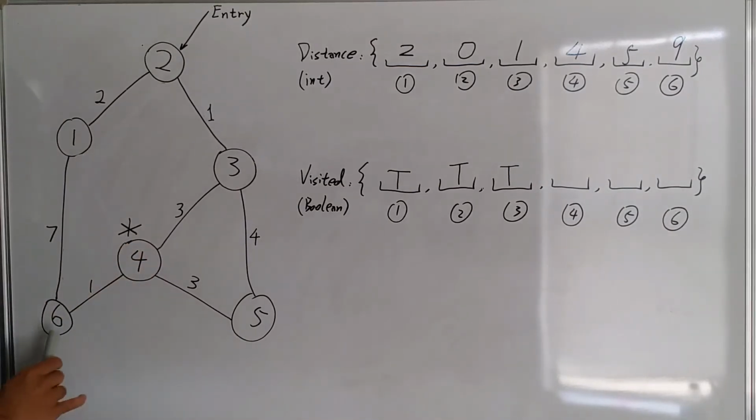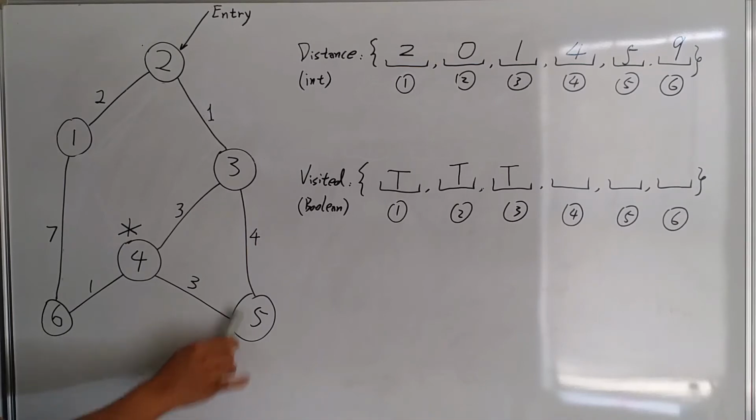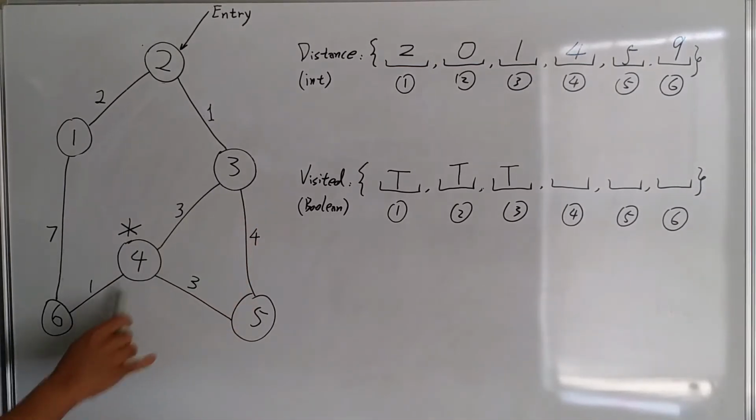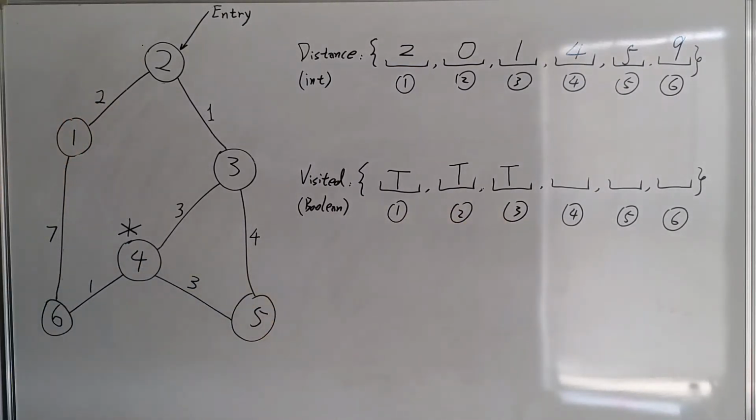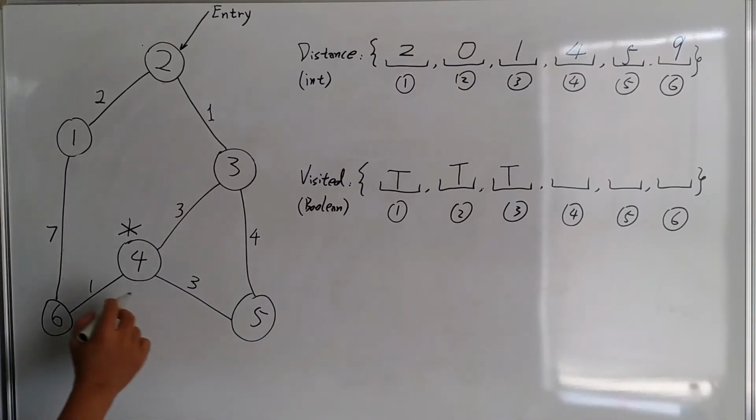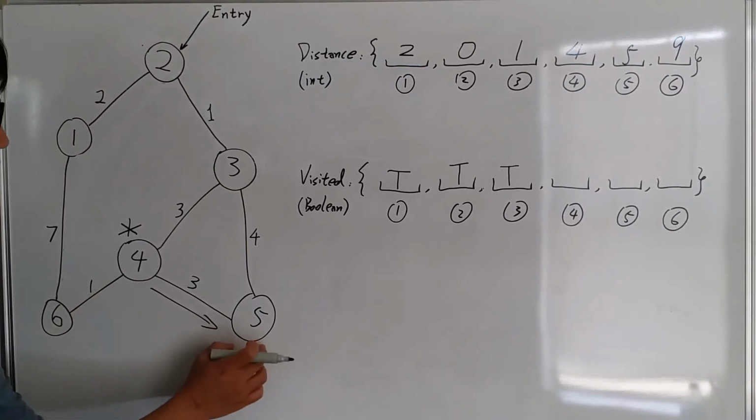We have like 1, 2, 3 as neighbors of node 4. However, node 3 is already checked before, so we skip this one. And then we go to node 5. Okay, so for node 5, if we travel from node 4, what is the distance for 5?